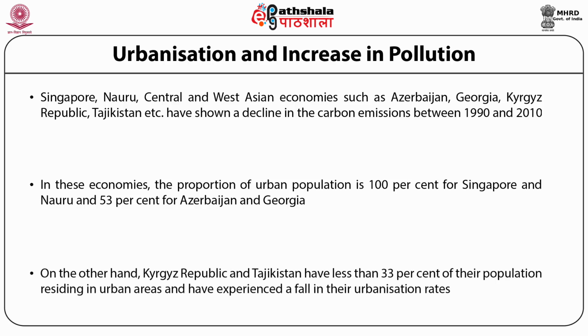On the other hand, Kyrgyz Republic and Tajikistan have less than 33% of their population residing in urban areas, and these countries have rather experienced a fall in their urbanization rates.